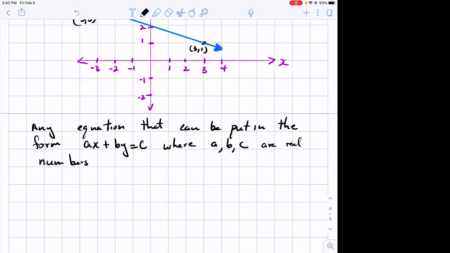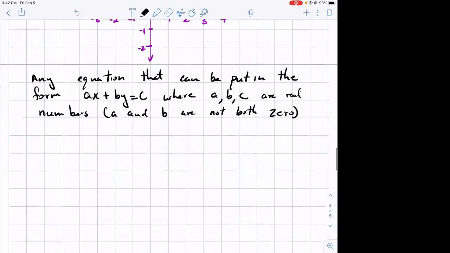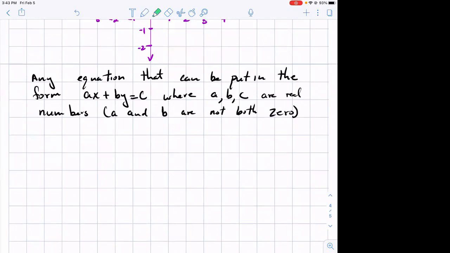And a and b are not both 0. We'll see that later on why we say they're not both 0. So this here, okay, is what we call the standard form. Okay, so ax plus by equals c is what we call the standard form.